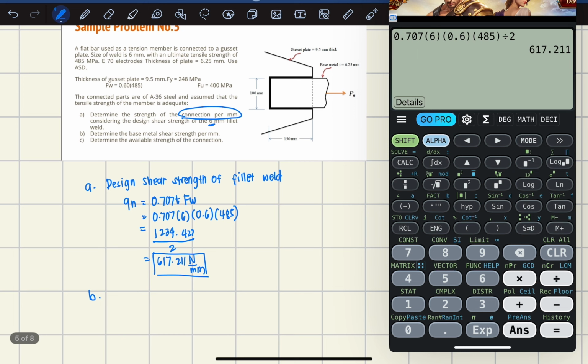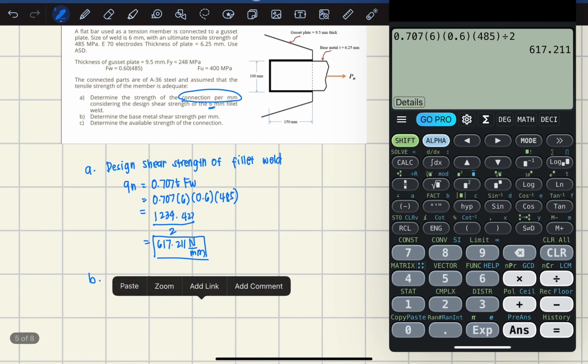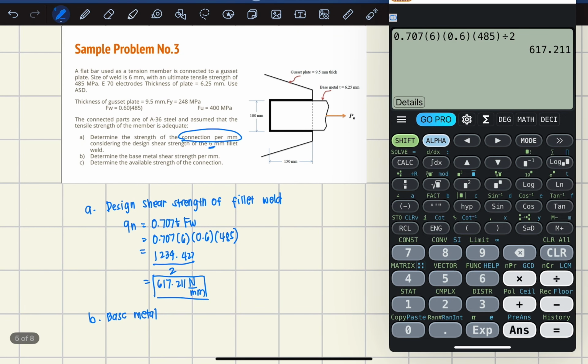So, ngayon naman, yung pinapahanap is the strength naman nung base metal, itong base metal na to, based dun sa shear strength. Ano yung formula natin? So, based dun sa summary natin, pag base metal, yung ibig sabihin niyan is yung may thickness na 6.25 mm.